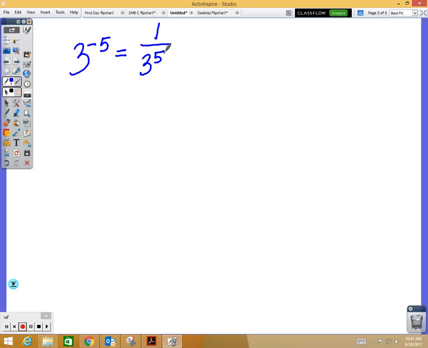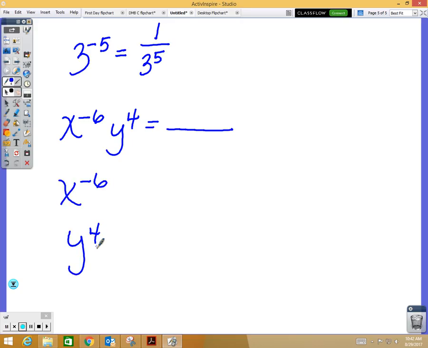This works the same way if we simplify x to the negative 6, y to the 4th. So in this one we have like two separate things. We need to think about our x, we need to think about our y separately. So the x has a negative exponent. So to make that negative 6 a positive 6, we're going to do what? We're not adding anything. No. I want you to think of this as two separate problems.